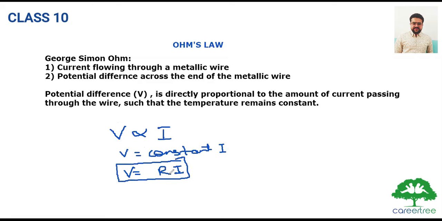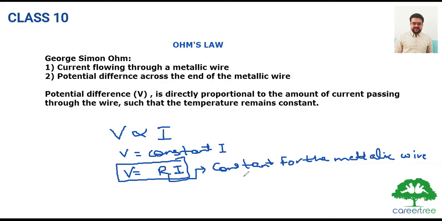Now, what capital R means is that it is the constant for the metallic wire at a given temperature, and this constant is known as resistance.